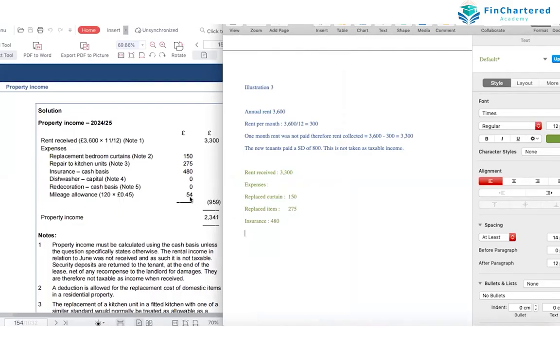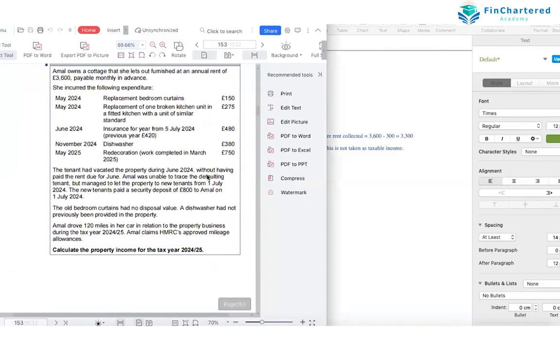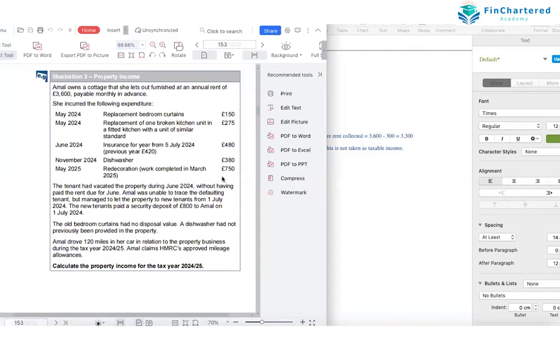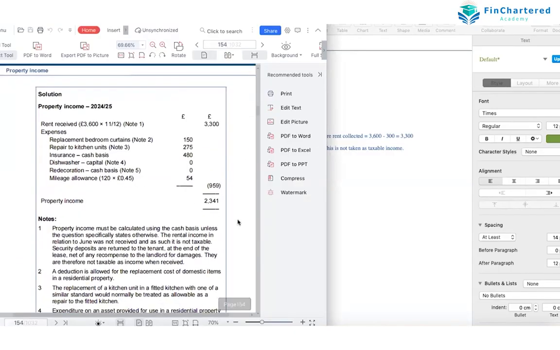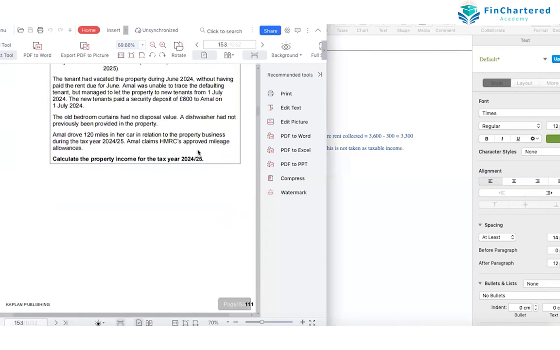Then comes redecoration. Redecoration is 750. Under the cash basis, a deduction will be allowed for the redecoration cost only when paid, and this redecoration was paid in May 2025, in the next year, because we have to follow the cash basis.